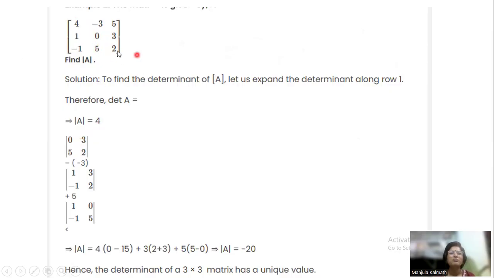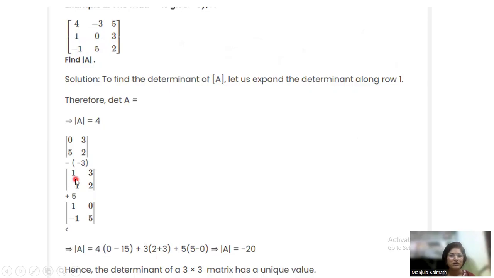Then we take minus 3. Leaving that same row and same column, here we have 1, minus 1, 3, 2. The primary diagonal gives 1 into 2 minus minus 1 into 3, which means minus 3.